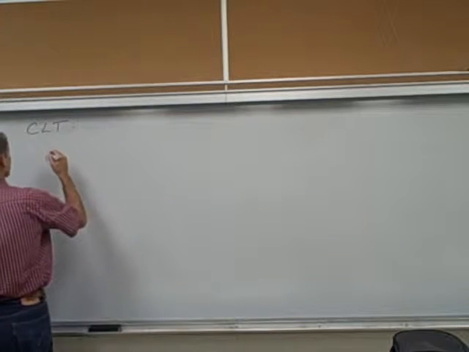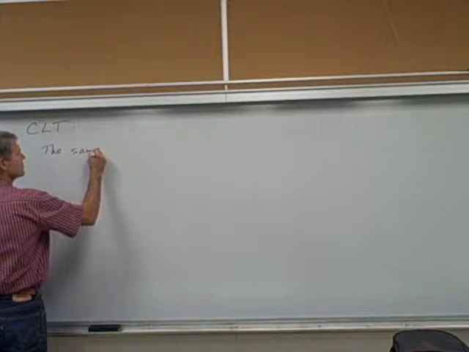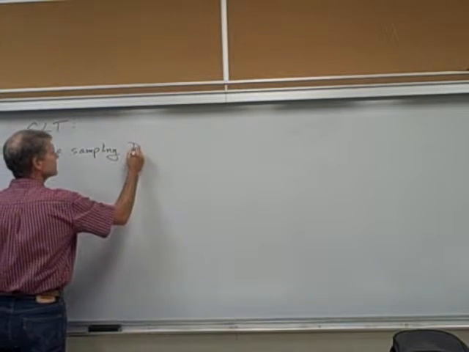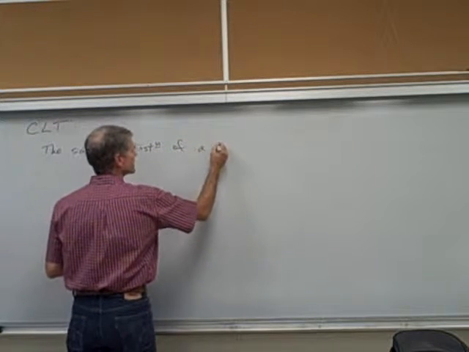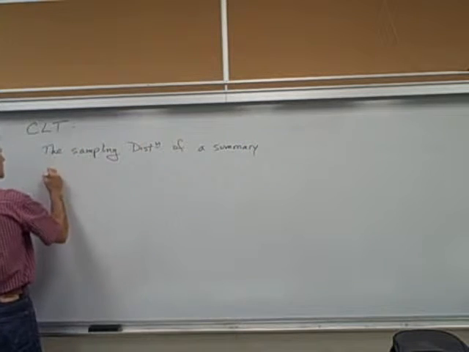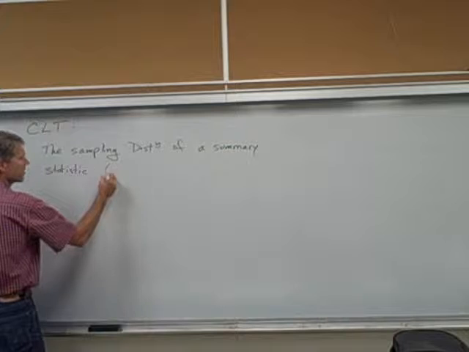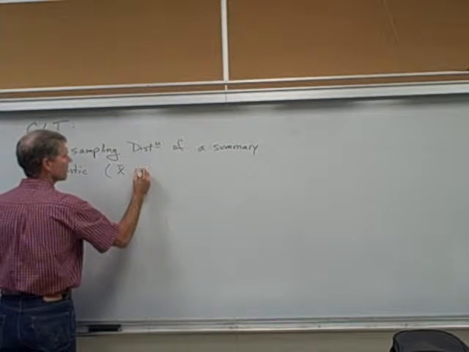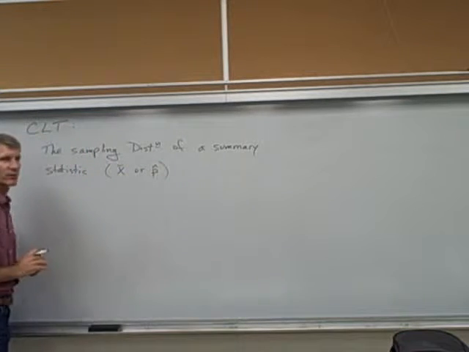But the central limit theorem says the sampling distribution of a summary statistic, and I'm going to put in parentheses x bar or p hat because those are the only two that we'll talk about.